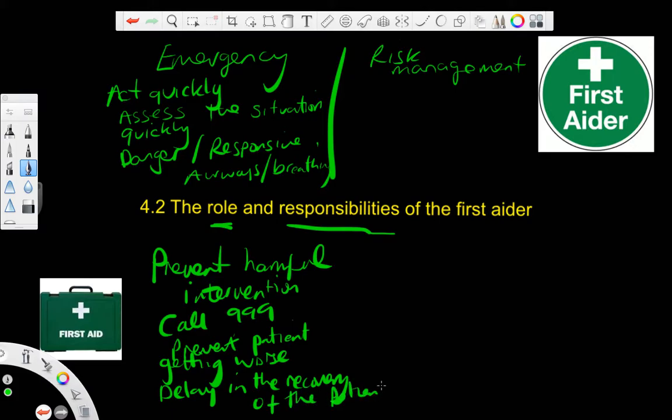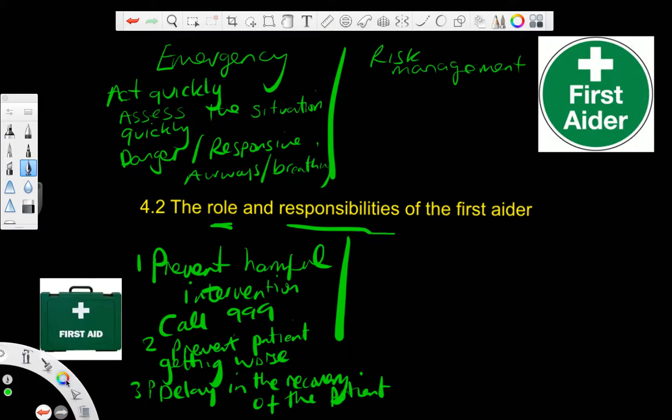So these are some of the things that they would be expected to do in an emergency. So stick to the P's: prevent harmful intervention, prevent the patient getting worse by performing first aid, prevent the delay of recovery are three good ones to go for. And provide first aid, not medical aid. So there are your answers there.